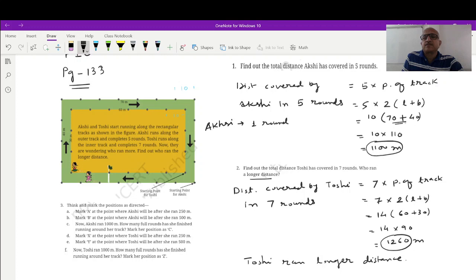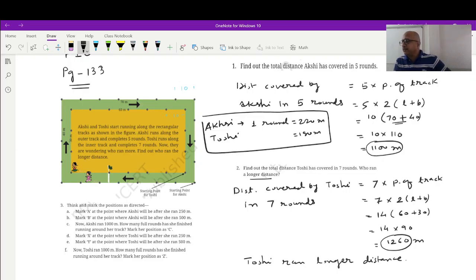This is 110 into 2, that is 220 meter, right? And by Toshi, the distance covered in one round is 90 into 2, that is 180 meter. This is for one round, and if you multiply by 5, you will get this much. Is that clear?